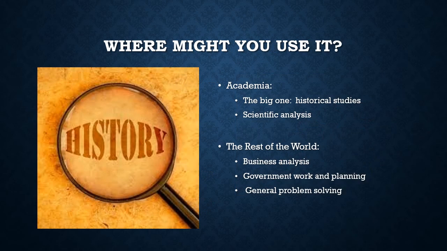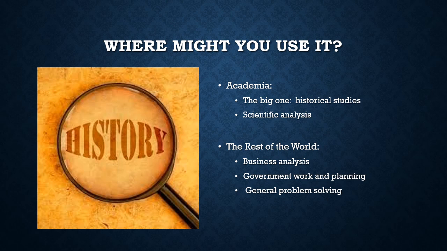And so we shouldn't be surprised that you use cause and effect type writing in all kinds of different places. In academia, one of the really big ones, obviously, is historical studies, when you're going back and trying to find out why people did what they did, what were the results of their actions, how did that affect what was happening, and therefore, how can we use that knowledge to make real decisions that affect real people in today's world?